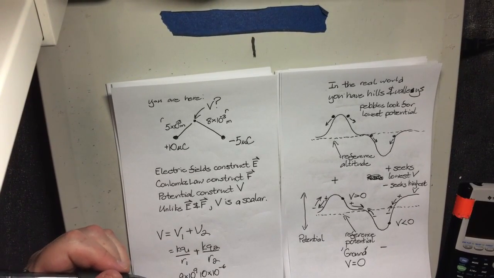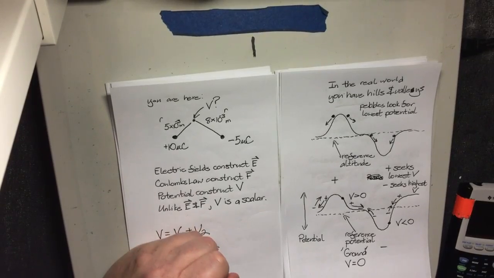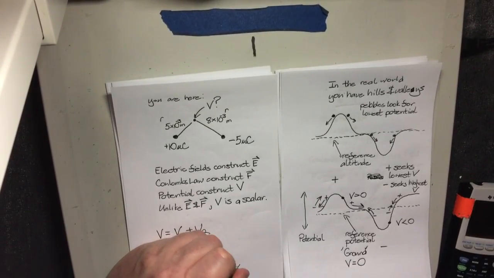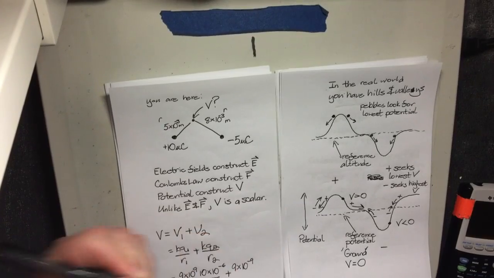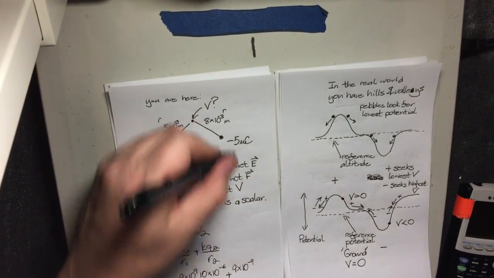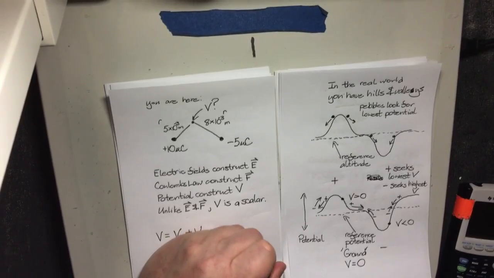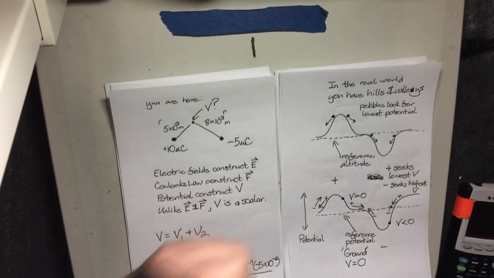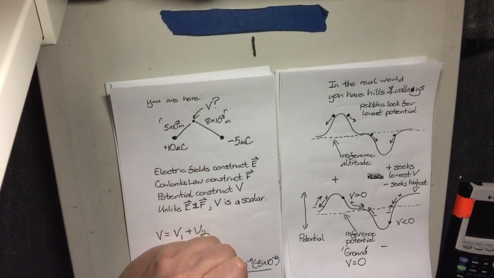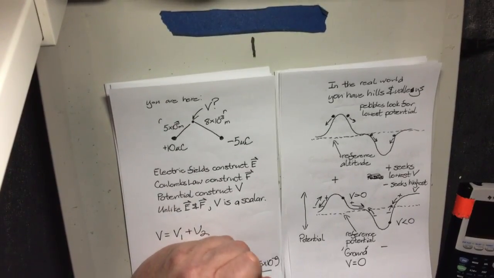And we don't even square it. KQ2, 9 times 10 to the 9th, Q2 is negative 5 times 10 to the negative 6, and its distance, 8 times 10 to the negative 3.